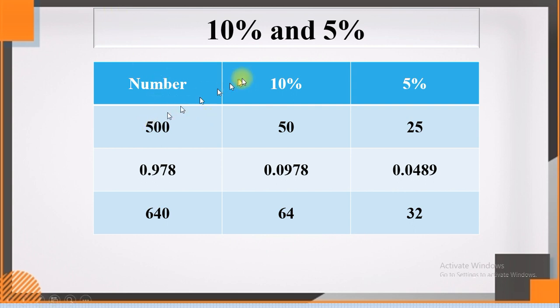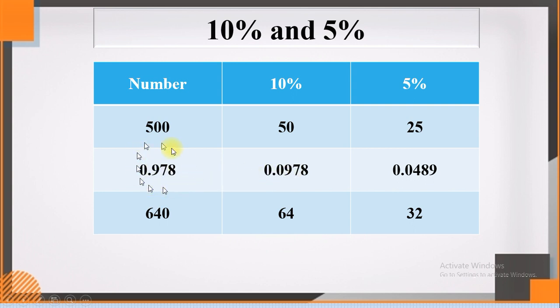Number is 500, so 10% of this, just dividing by 10, is 50, and now dividing 50 by 2, it is equal to 25, means the 10% of 500 is 50 and the 5% of 500 is 25. So now you can easily find 5% and 10% of any number. Now this is 0.978, just dividing by 10 or shifting the decimal point toward the left by one digit, you will get 0.0978.